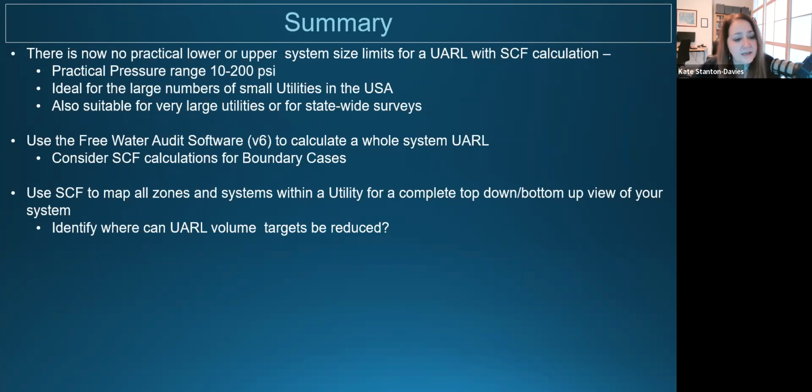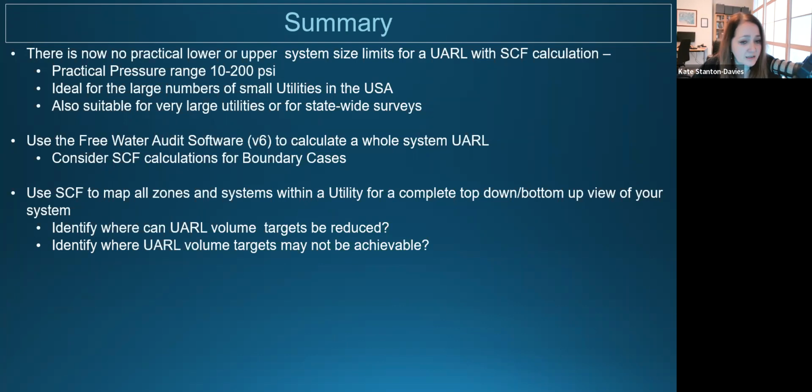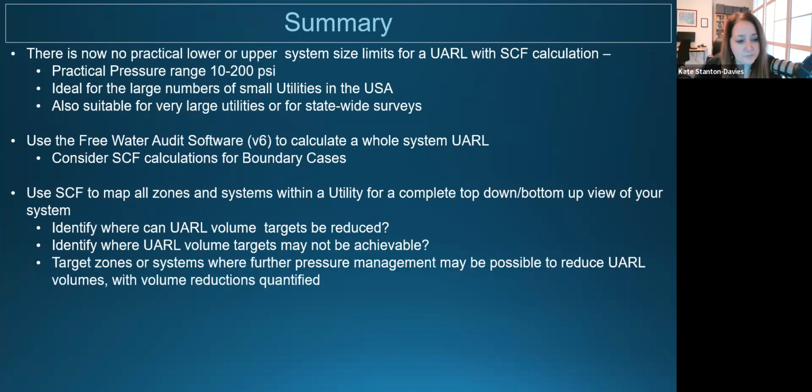If you do this, then you'll be able to look across your utility and identify which zones and DMAs can have their UARL volume targets reduced, which zones and DMAs may not be able to achieve UARL volume targets which had been set using the standard 1999 UARL equation, and target zones or systems where further pressure management may be possible, and to be able to see from the tables within the SCF calculation what those volume reductions would be.